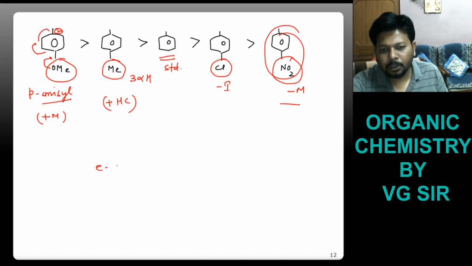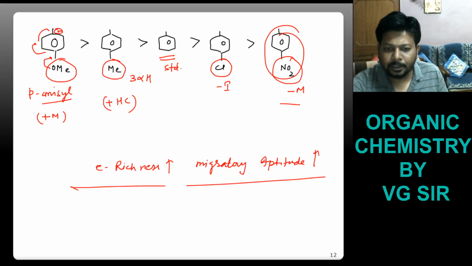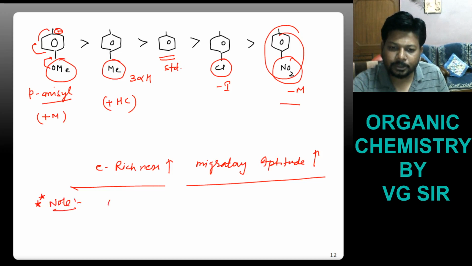So what is the rule? Again, the same rule I am going to discuss. As electron richness increases, migratory aptitude also increases. There is a special point. What is the special point?